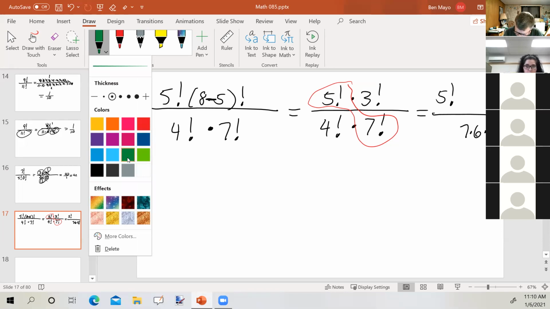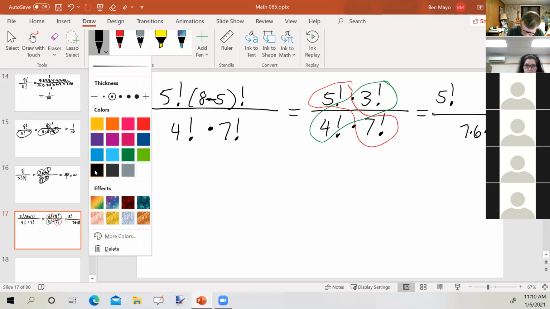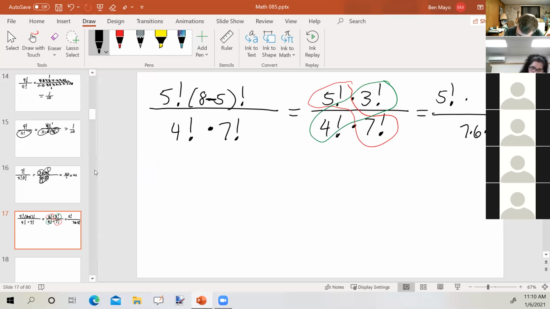Let's go green. Let's look at these two. I could write that as 3 factorial over 4 times 3 factorial. What am I doing? The 5 factorial and the 7 factorial, I can take a 5 factorial out of both of them, and I'm left with 7 times 6 on the bottom. These become 1 over 1. The 3 factorial over the 4 factorial, I can take a 3 factorial out of both of them to get 1 over 1.